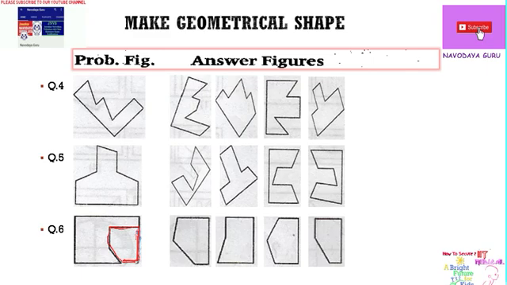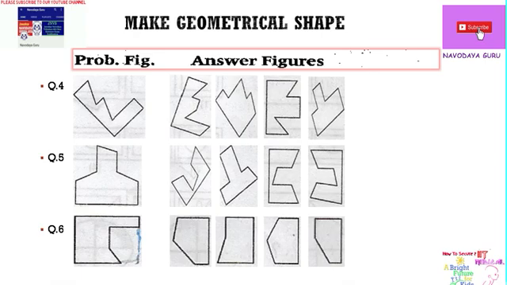Here this line is matching and this line is also matching, but here is the mistake. What I mean to say is this line is matching and the top is not matching. So this is not our answer.